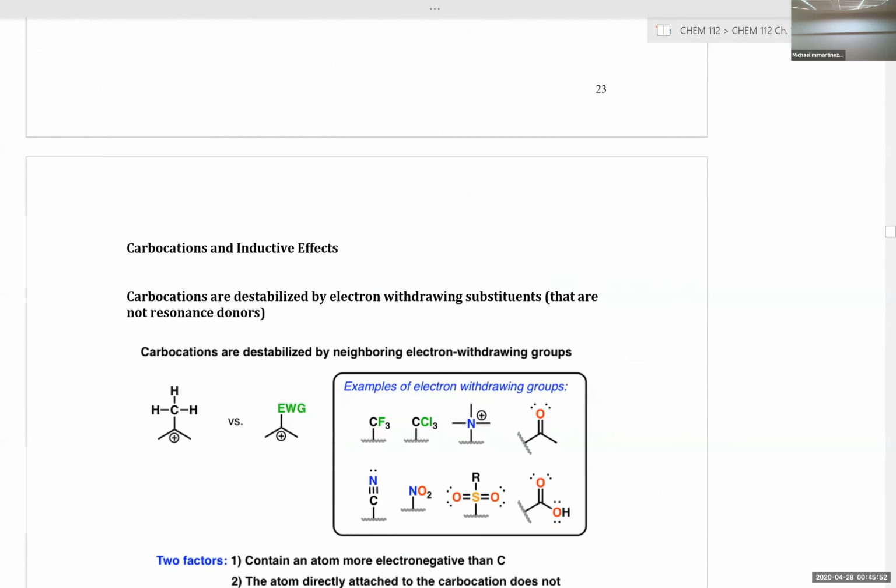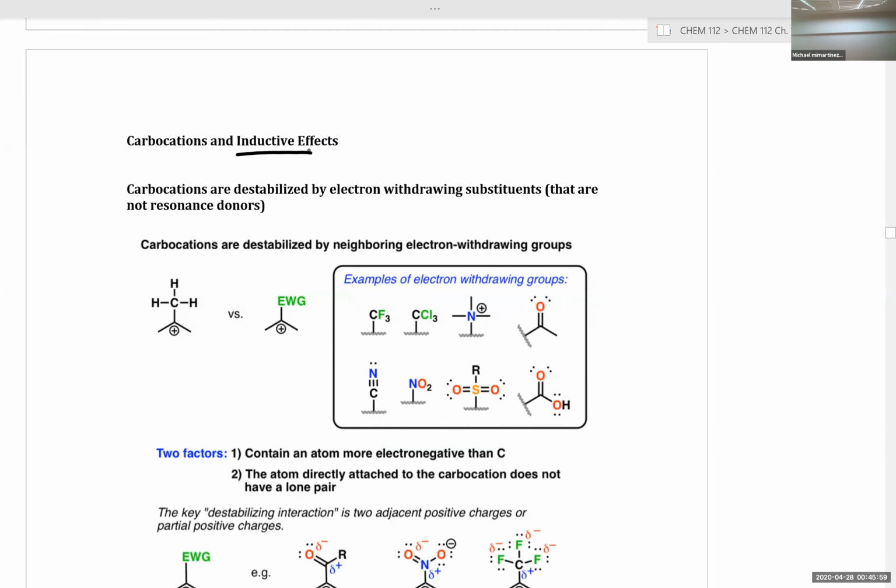And let's talk about carbocations and inductive effects. So inductive effects, carbocations, since they're electron deficient, just like radicals, which are electron deficient, they are destabilized by electron withdrawing substituents.